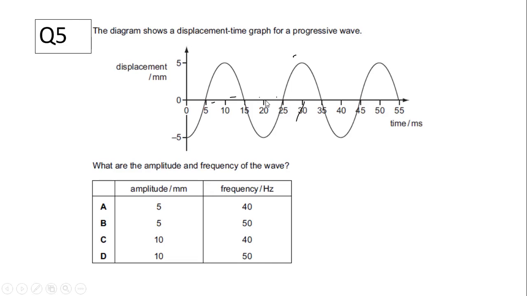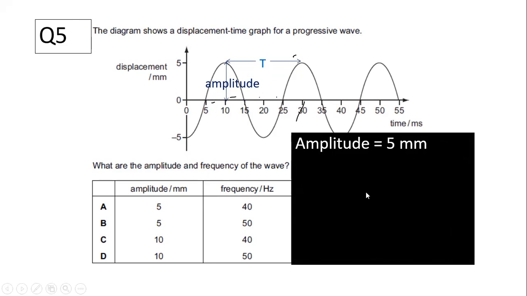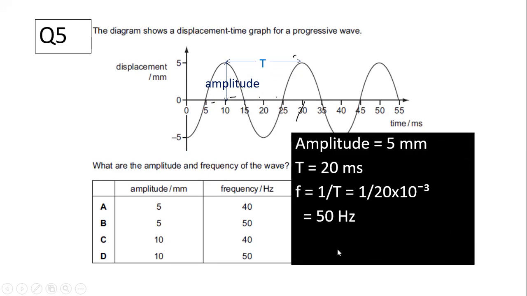For the frequency, you can read the period as 20 millisecond. You can also take 30 minus 10. Then find your 1 over T. 50 hertz. Answer is B.